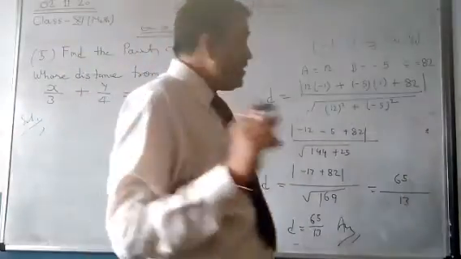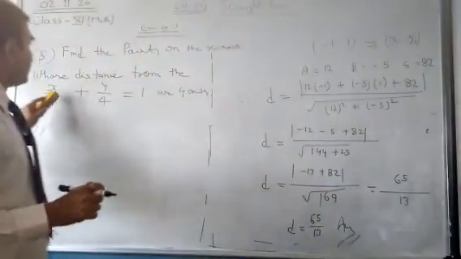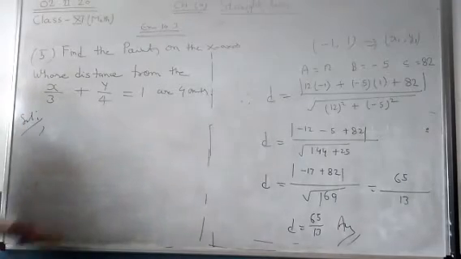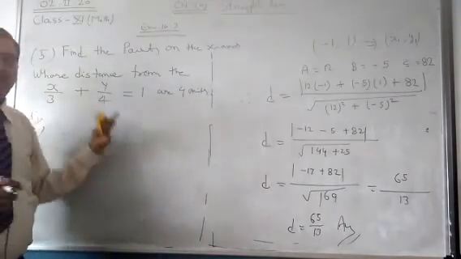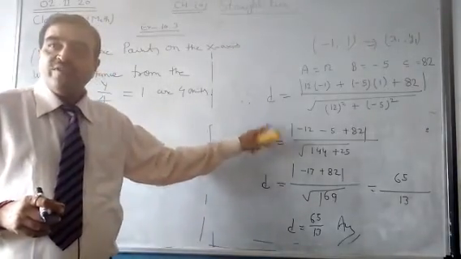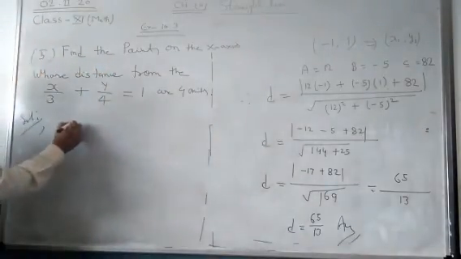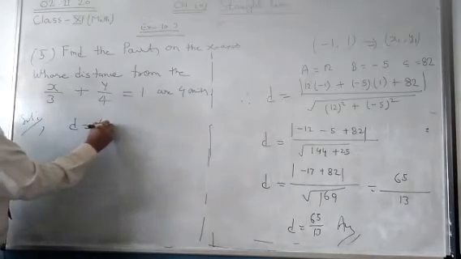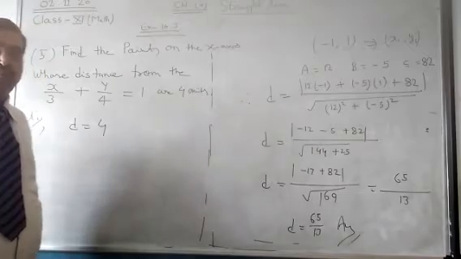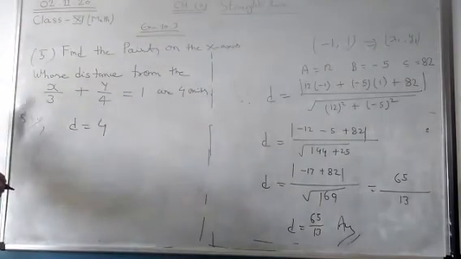Solution. Find the points on the x-axis whose distance from the line is 4 units. In this question the distance is given, d equals 4 units, and x1, y1 will be found.